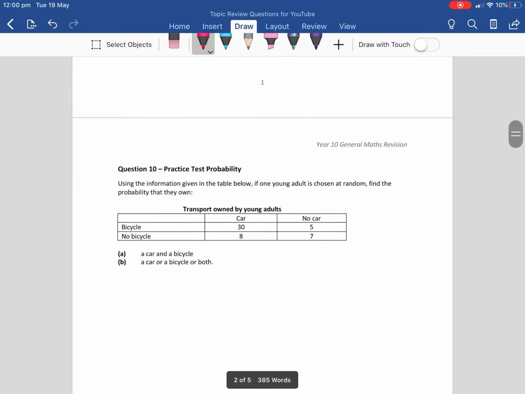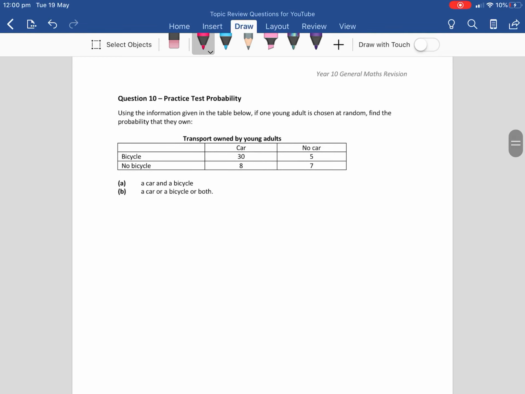Moving on. So this is question 10 from your practice test of probability. Again, get your highlighter. So it says, using the information in the table below, if one young adult is chosen at random, find the probability. Okay, so we're choosing a random adult, there's a table below, and this is it.